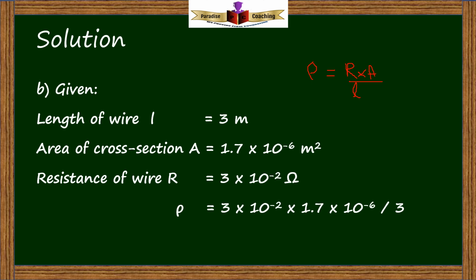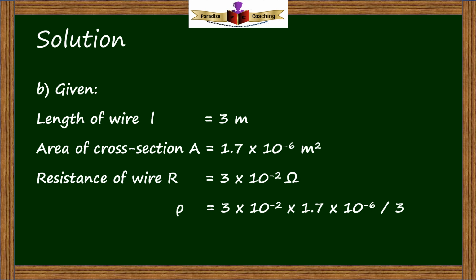So substituting the values, we will have 3 into 10 raised to minus 2 into 1.7 into 10 raised to minus 6 divided by the length, that is 3.